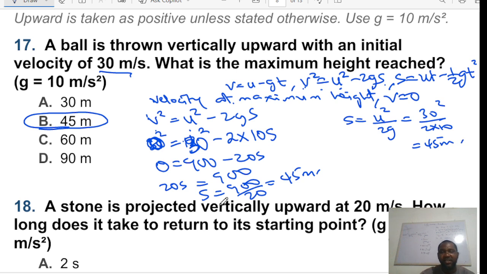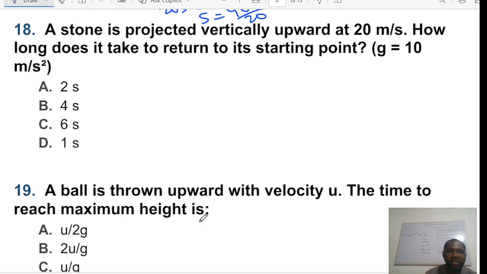Interesting. Now the next one says a stone is projected vertically upwards at 20 meters per second. How long does it take to return to its starting point?